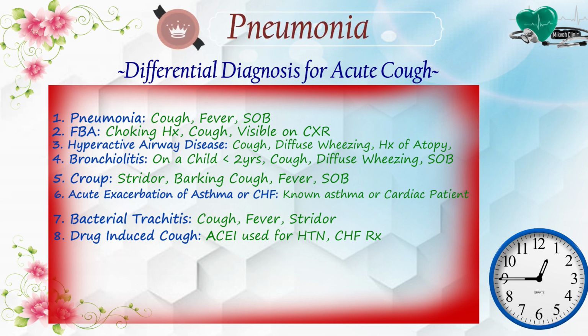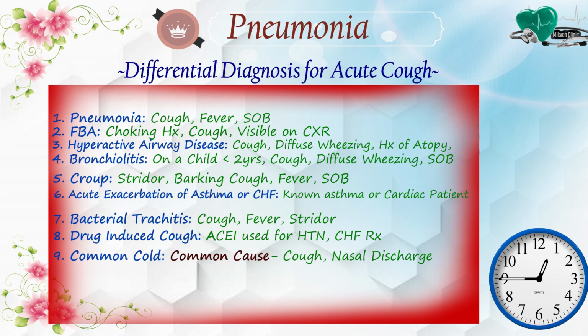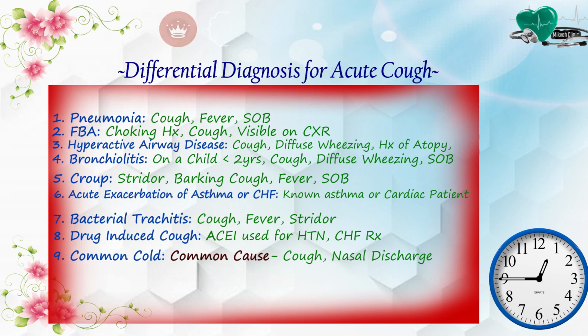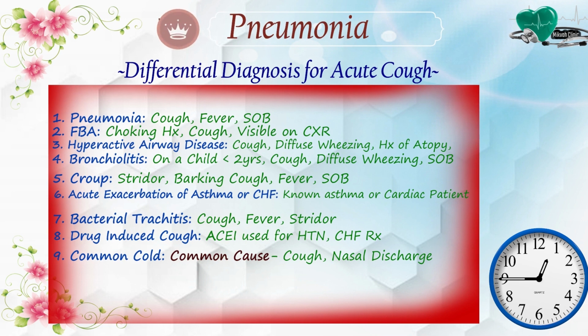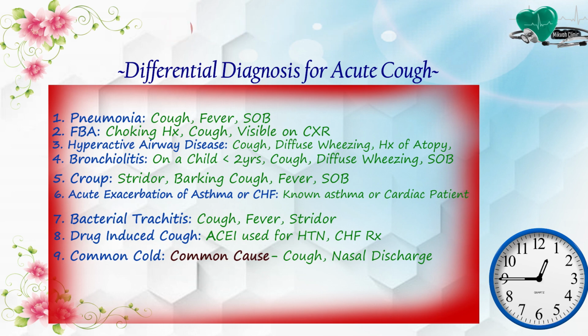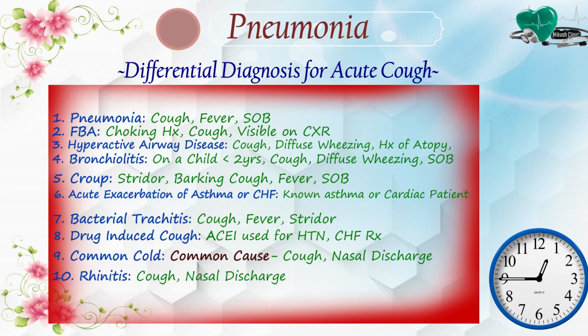And common cold is also a common cause of acute cough. It's self-limiting. By reassuring the family, we may send them home, because in common cold they will not have toxic symptoms or systemic manifestations like fever, rhinitis, and sometimes sinusitis. All these conditions may result in acute cough.